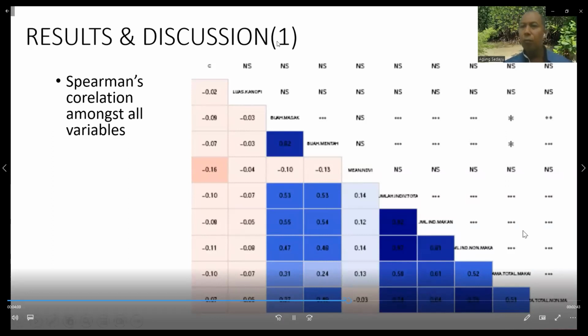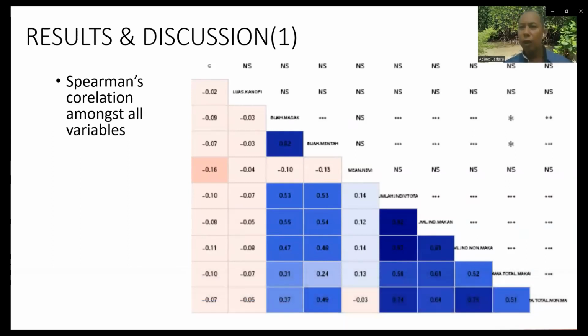It means that the birds seem to come to the tree which produces more fruit compared to the tree that lives in a more green area according to NDVI, or the tree that provides more shelter or protection to the birds according to the size of the canopy.